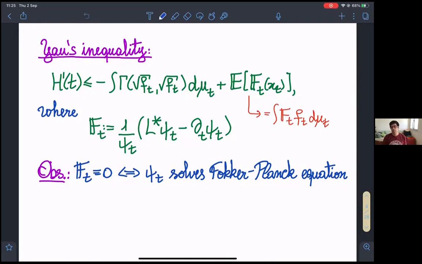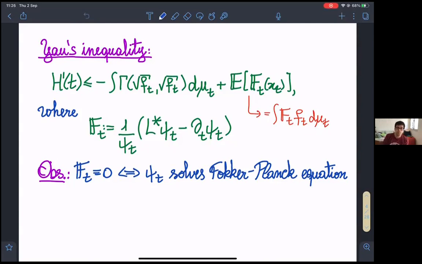It can be written as an expectation, or it can be written as an integral with respect to the measure mu_t. So you can write it as f_t times the density little f_t integrated with respect to the measure mu_t.